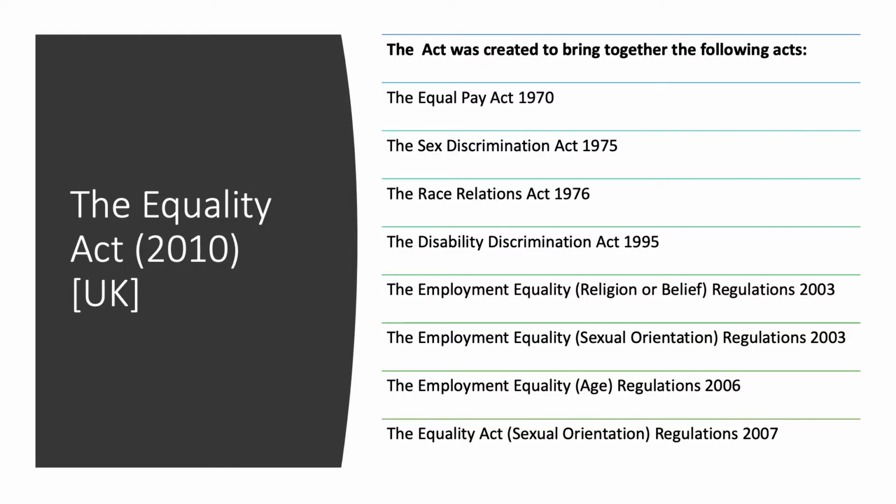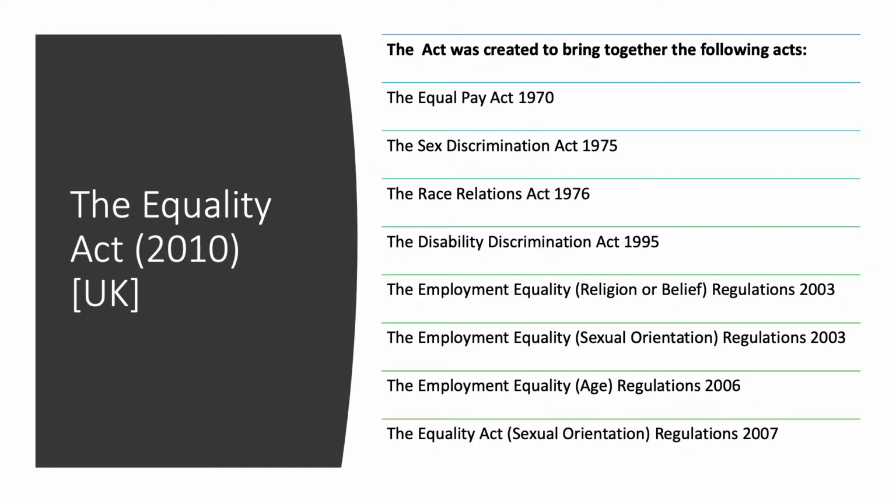So rather than having all these hundreds of laws floating about everywhere, the government decided to combine it all into one big act. Hence, the Equality Act was then formed. So, the Equality Act is the main act that you need to be aware of with regards to promoting equality and diversity.